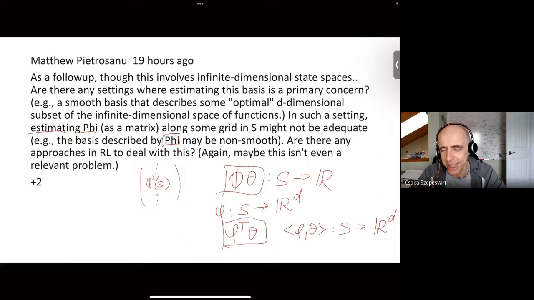But the extension to uncountably infinite state spaces is nothing but writing this and giving a specific meaning to that as a map from states to reals. All right, so this maps to reals, right? Not to R^D. Yeah.